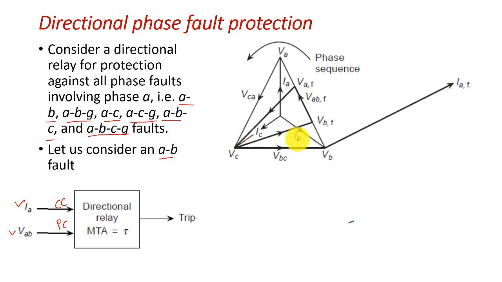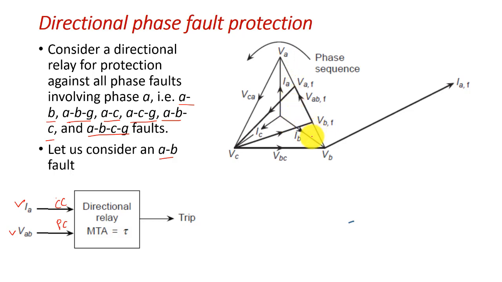Okay, and your IB is lying with VB, IC is lying with VC. These are the phase voltages and phase currents. Now, if we draw the line voltages, VCA will be in this direction, VBC will be in this direction, then your VAB will be in this direction, right?